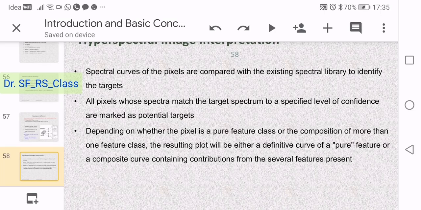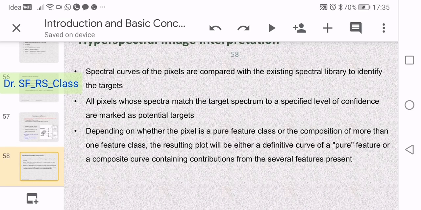Depending on whether the pixel is a pure feature class or a composition of more than one feature class, the resulting plot will be either a definitive curve of a pure feature or a composite curve containing contributions from several features present. So the spectral curve can depend on the spatial resolution.